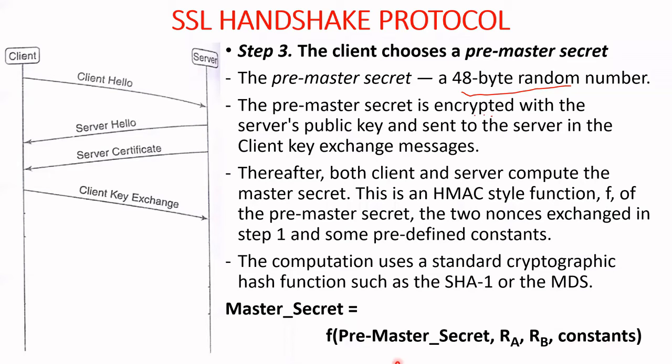So using all these, a master secret is computed, again using either the cryptographic hash function SHA-1 or MD5. So now both of them independently have got the master secret.